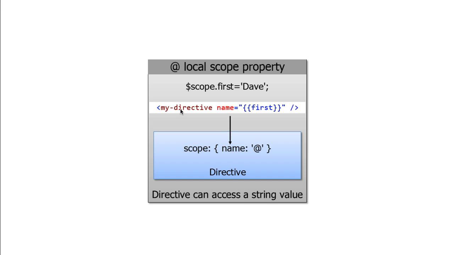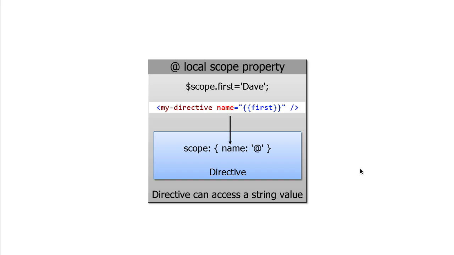So we have name on the directive, and then the value you want to pass in, because it's a string value, we just do a data binding expression. And when that gets resolved at runtime, then Dave will automatically be passed in. And now the name will equal Dave inside of the directive. And that's the fundamentals of how we can poke a hole in that wall to get some data from the outside world into the directive.